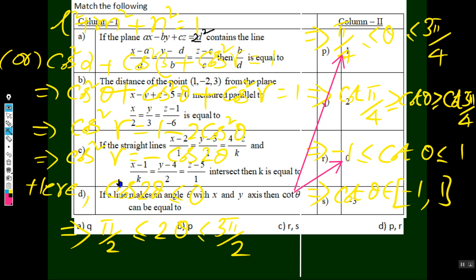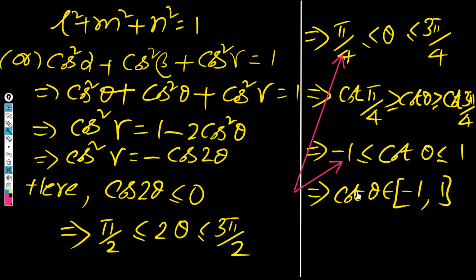See the working, please, once. What is that I did? I have taken the relation between the DCs, l square plus m square plus n square equal to 1. If alpha, beta, gamma are the angles made by the line with x, y, z axis respectively, then cos square alpha plus cos square beta plus cos square gamma is equal to 1.